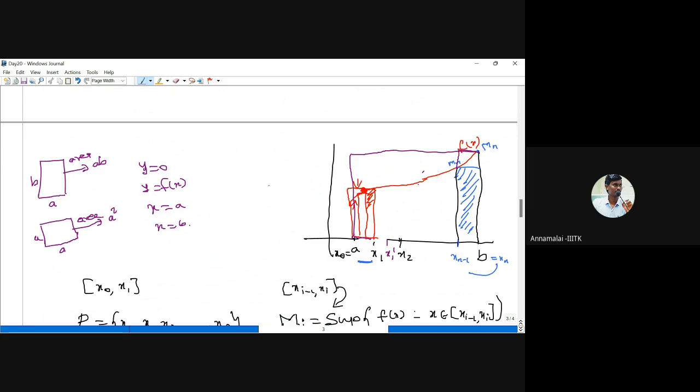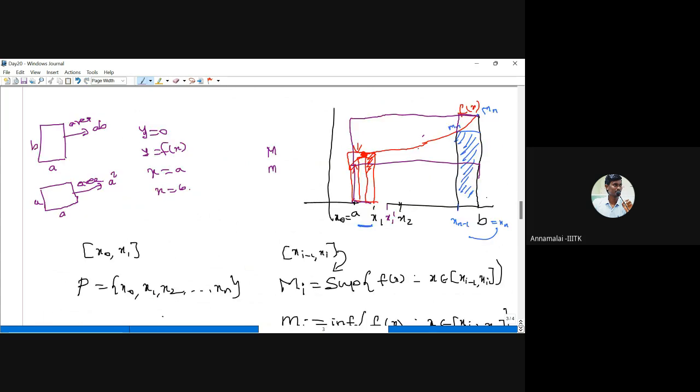We define the maximum as capital M, the maximum of the entire interval. Small m is the minimum of the entire interval. But Mi is the maximum of the particular ith interval, and small mi is the minimum of the particular ith interval. Capital M is the maximum of the entire interval. If you take the minimum, you'll get a smaller rectangle.